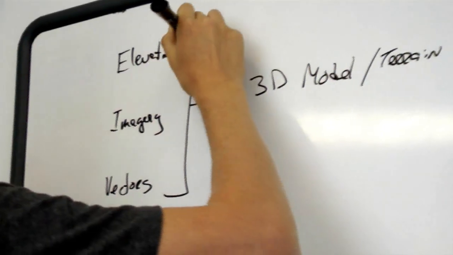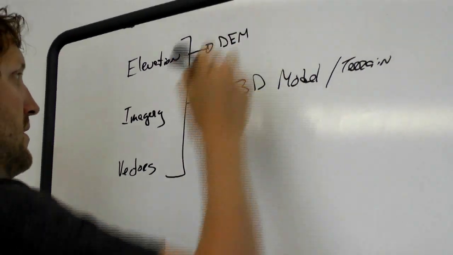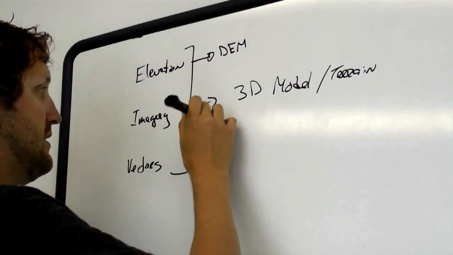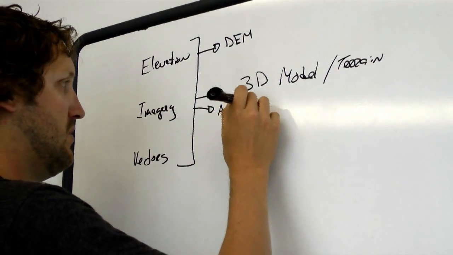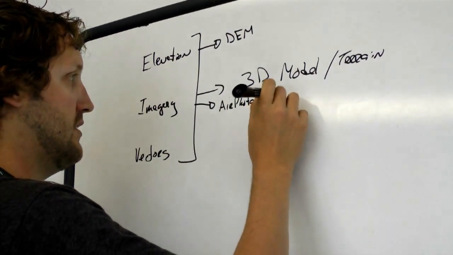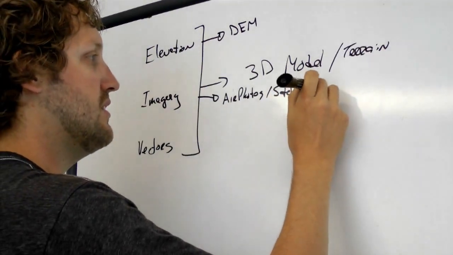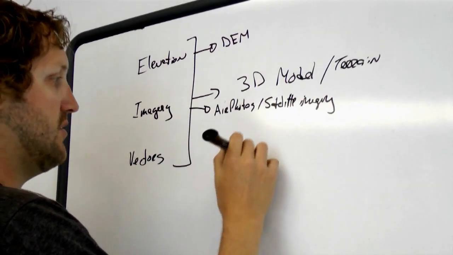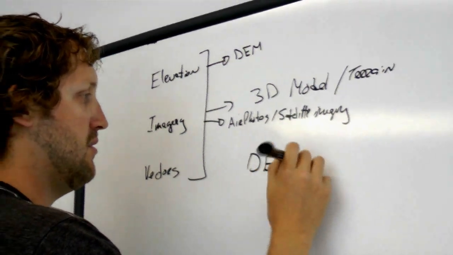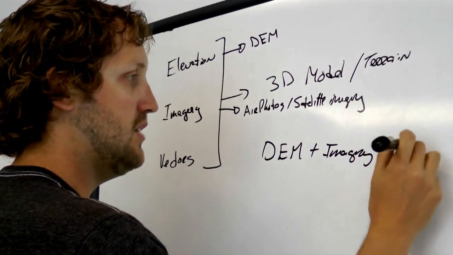How that works is we take our elevation model, or DEM, and we take our imagery, which might be air photos or satellite imagery. And these two things come together. So our DEM plus our imagery equals a terrain.